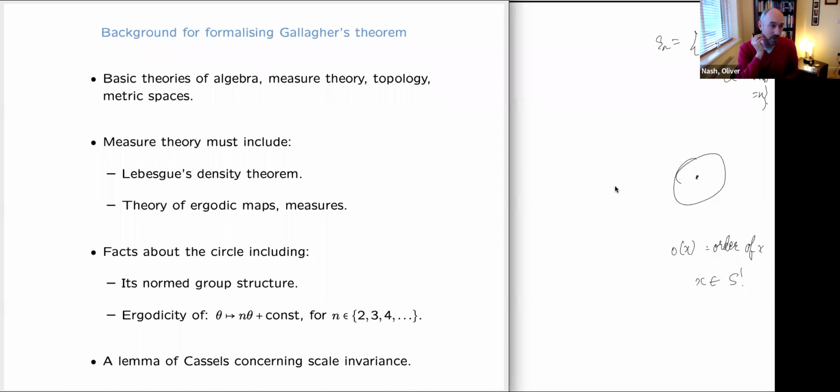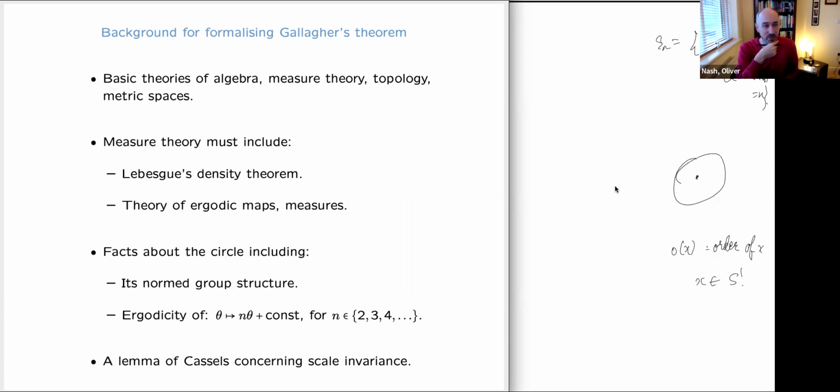But we're already using it in other parts of the library now. And then you need to know non-trivial stuff about the circle. And the main non-trivial fact you need to know about the circle is that certain maps are ergodic. And then we also need this very clever lemma of castles, which we'll also get to.